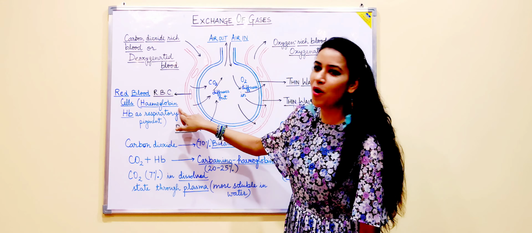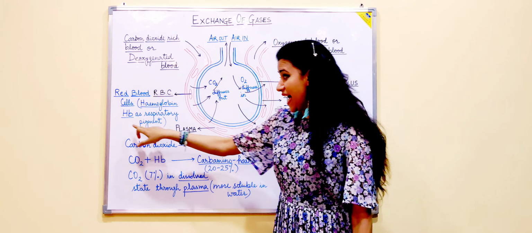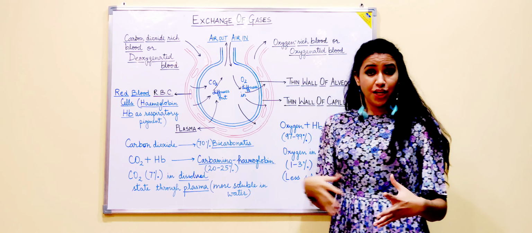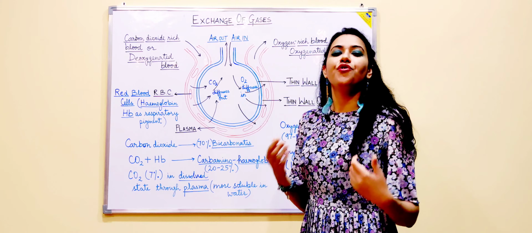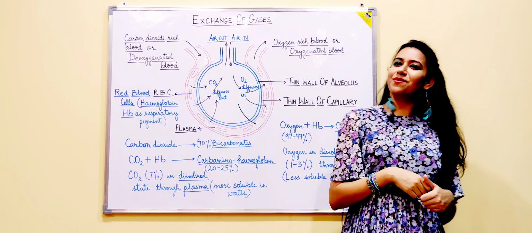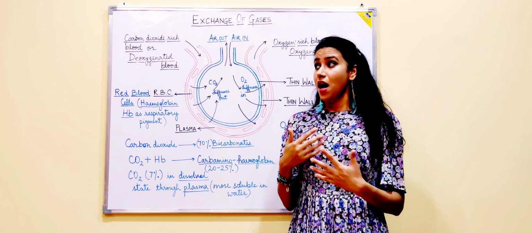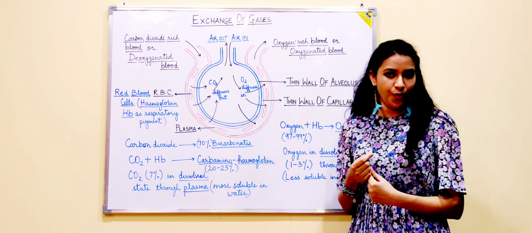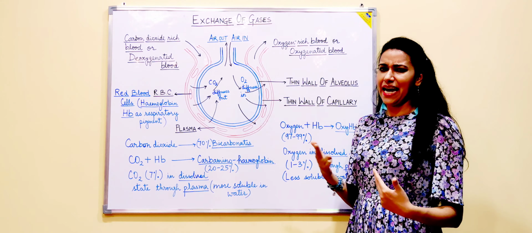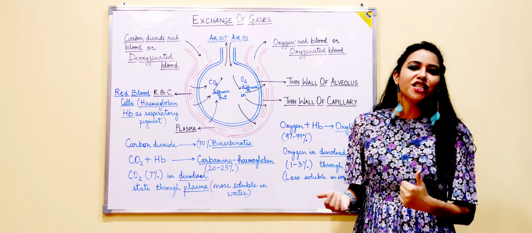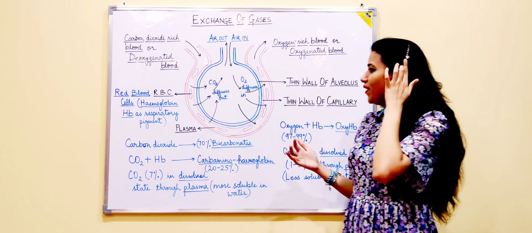Well, it is this hemoglobin, which is abbreviated as Hb. Hemoglobin is also regarded as the respiratory pigment. Why is hemoglobin considered the respiratory pigment? Because it is responsible for the transport of oxygen. We will see towards the end in which form oxygen or carbon dioxide is transported. There are different forms.